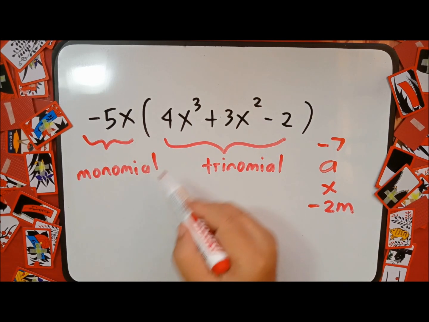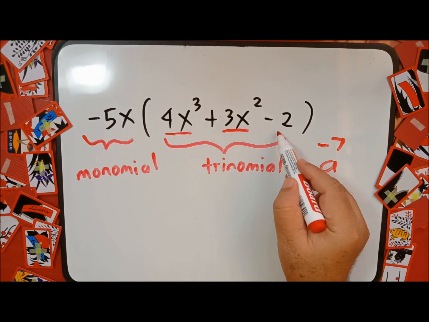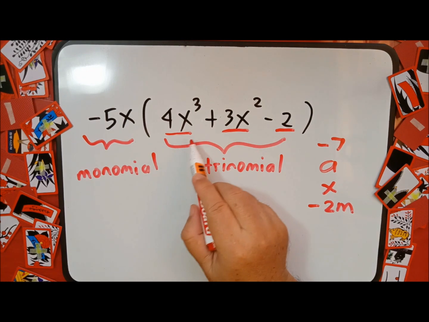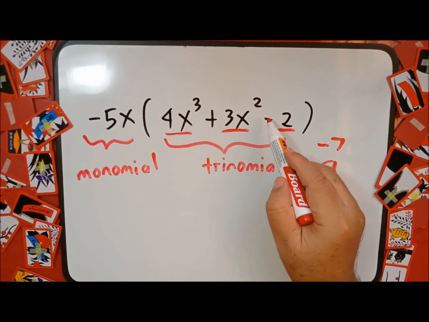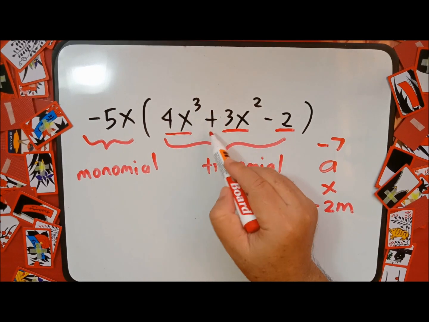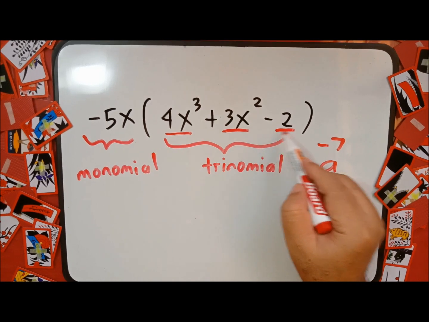So we have one term, another term, another term. You will notice that the terms are bounded by operational signs. 4x cubed, then plus another term, 3x squared, minus another term, 2.